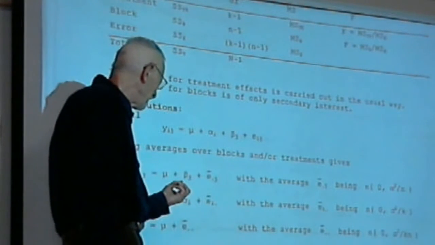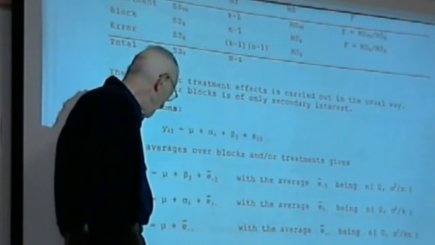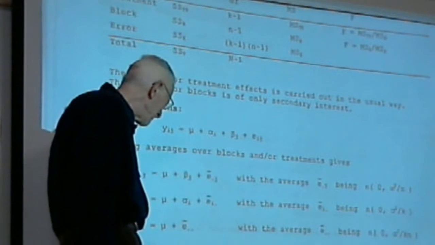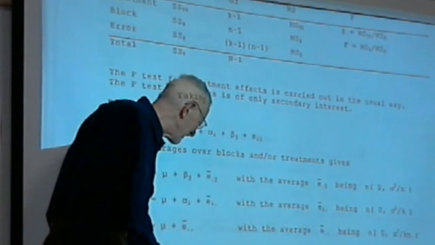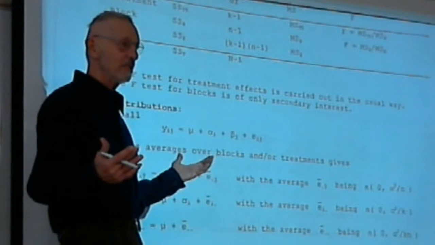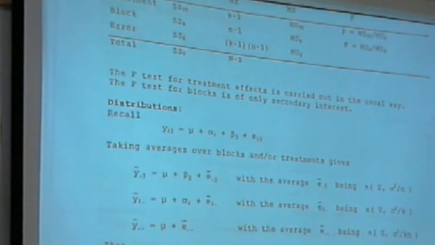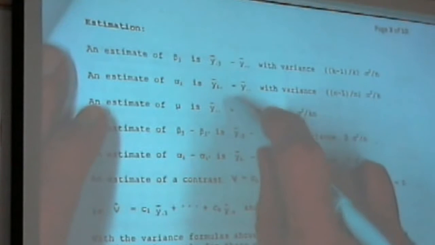So I'm going to subtract off the mu, and looking at the last line here, I know how to do that with the y bar double dot. And so I'm going to take this one minus this one, and the expectation should be this minus that, or just alpha i. So same reasoning that we used in the previous case, right? Same reasoning going on here again. So we just apply it one more time. And we get this is the estimate.